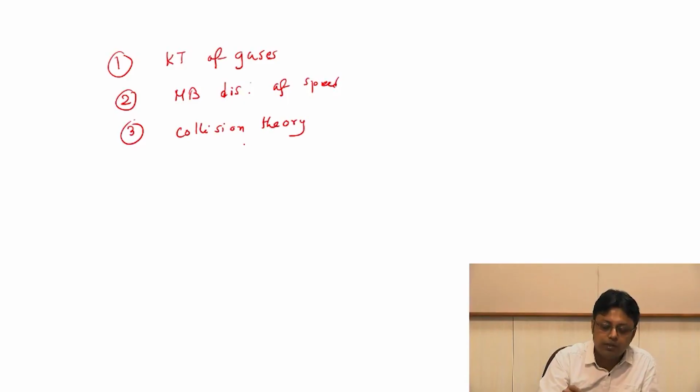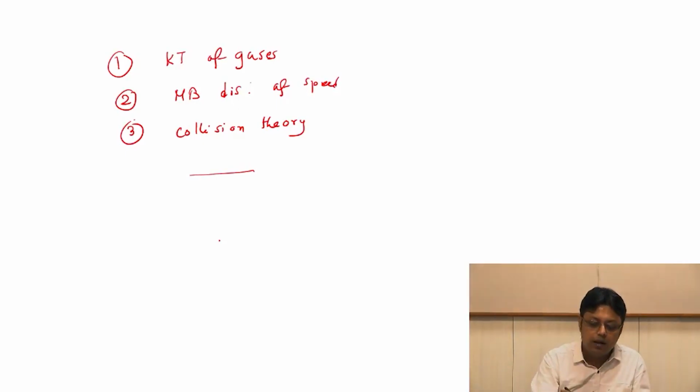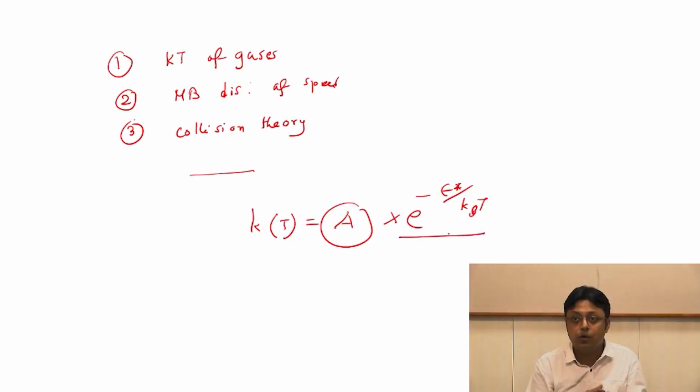We showed how one can very cleverly use the impact parameter and connect it to the threshold energy to get an Arrhenius-like rate expression. And we showed that we can calculate this A, the pre-exponential factor in the Arrhenius equation, and get an expression where temperature dependence also comes up. That was our entire goal in reaction dynamics, which we showed: using all this development, you can calculate the rate constant using just classical mechanics. Thank you.